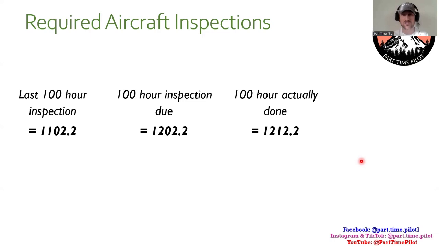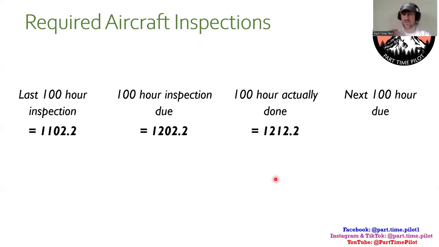So you actually get your inspection done at 1212.2 on your Hobbs meter. So instead of getting it done when it was due, we take off, let's say at 1202.1, we fly 10 hours, and then we get it done at 1212.2. Okay, so according to the FARs, that is okay because we flew only if and only if, right? We flew to somewhere where that 100-hour was going to get done.